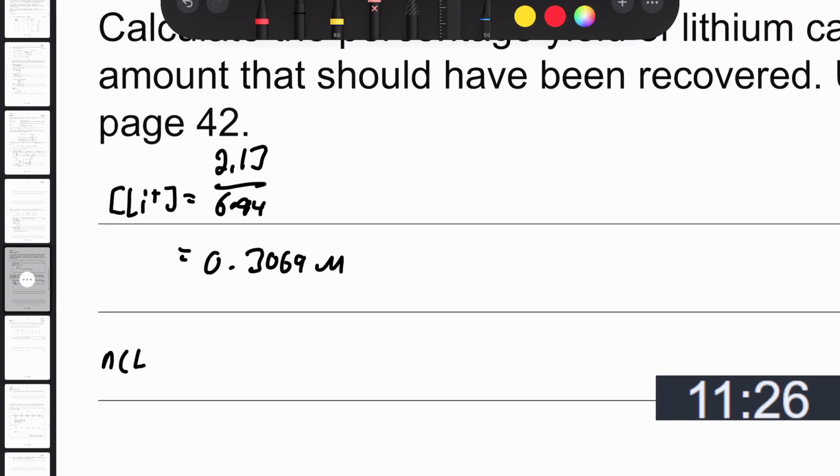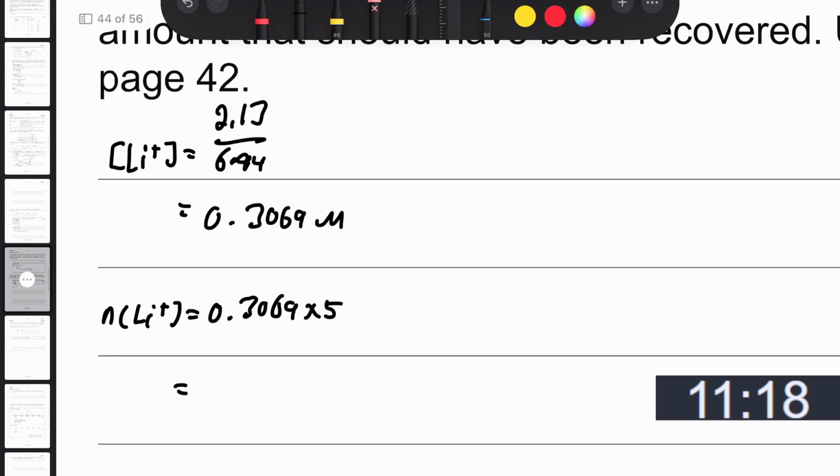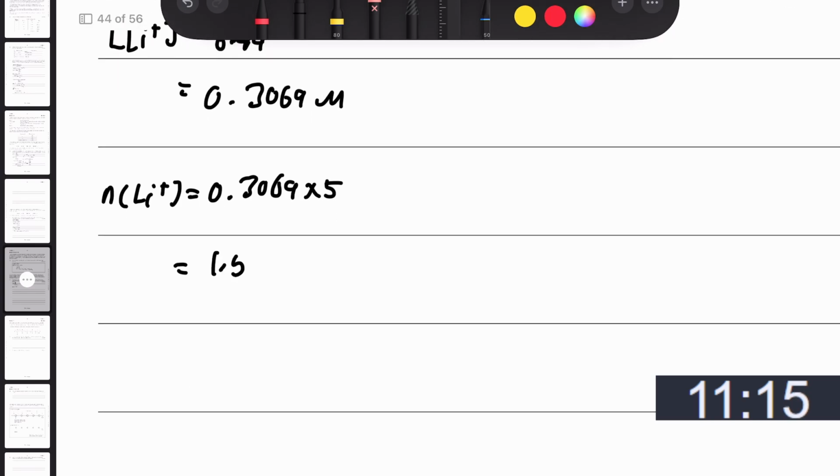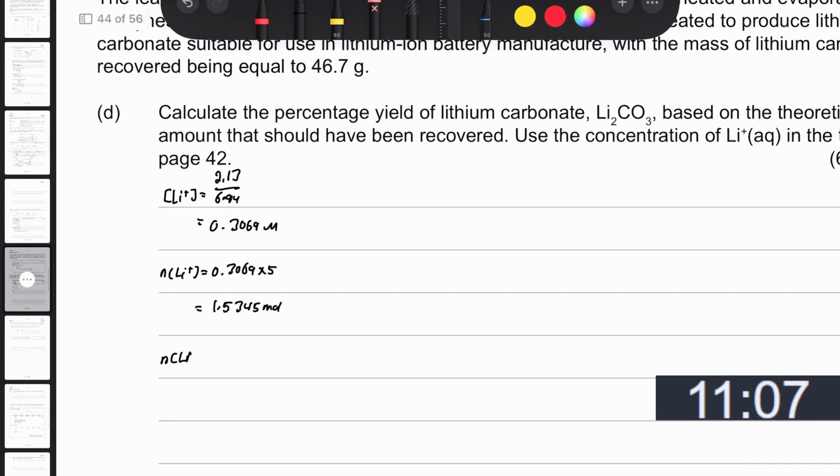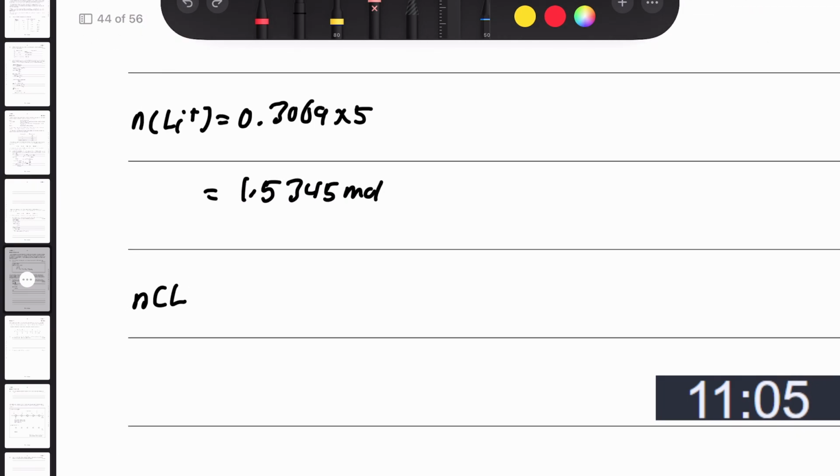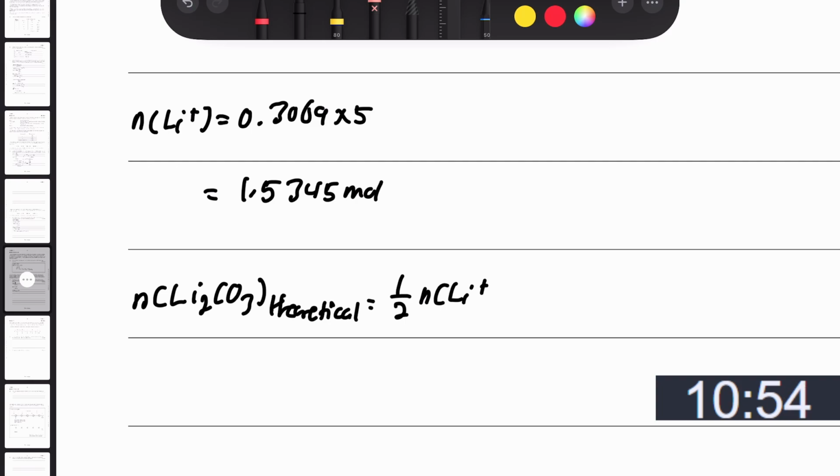So the number of Li+ is going to equal 0.3069 times 5, which is 1.5345 moles. Now the number of lithium carbonate, Li2CO3, theoretical is equal to half the number of lithium ions, divided by 2, 0.76725 moles.